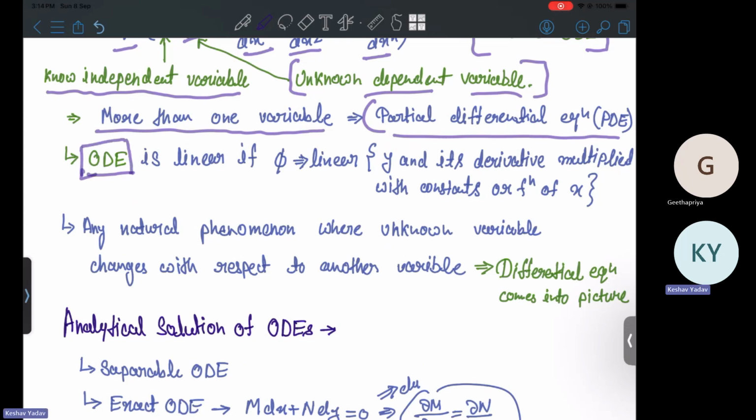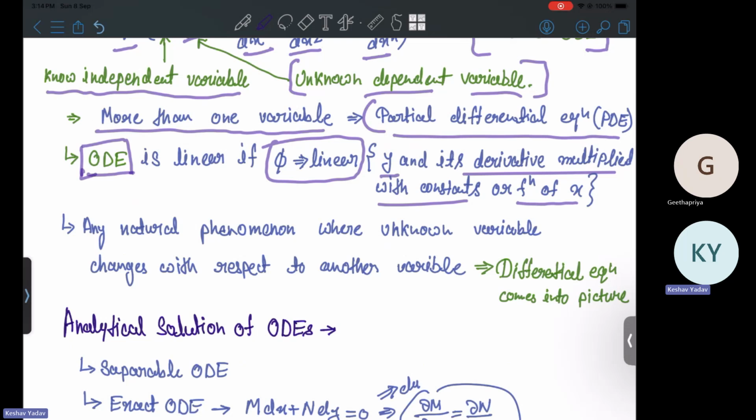Ordinary differential equations can be of many types. One categorization is linear and non-linear ordinary differential equations. It is called linear when y and its derivatives are multiplied only by constants and functions of x.